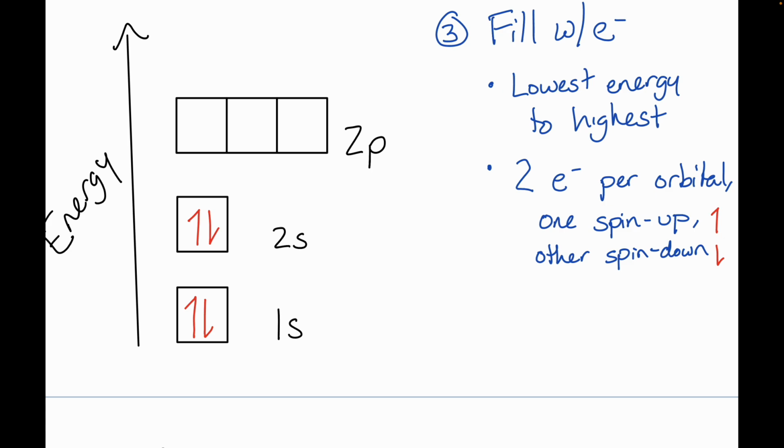All right, and then our last filling rule here is when we get to orbitals that are equal energy. All right, notice how on my y-axis, all p orbitals here are at the same energy level. For equal energy orbitals, we have to half fill first.